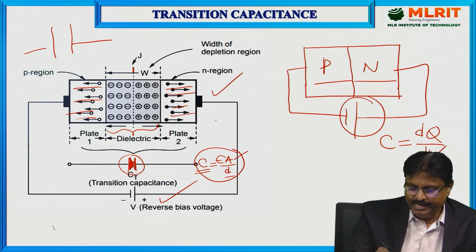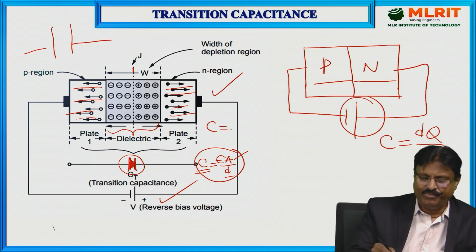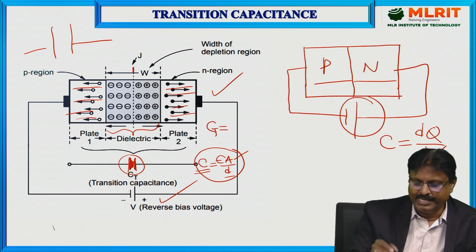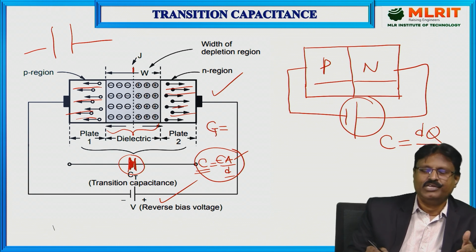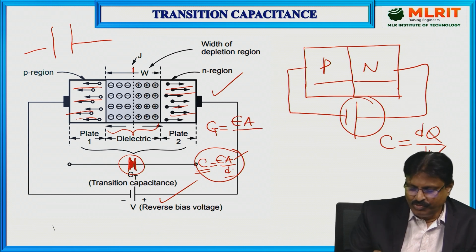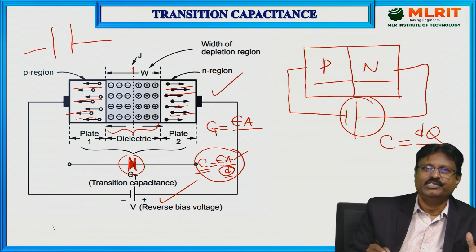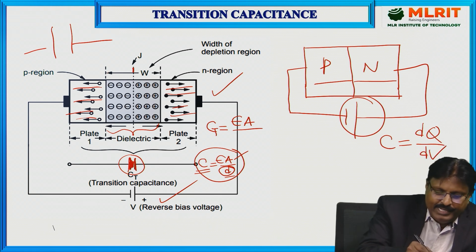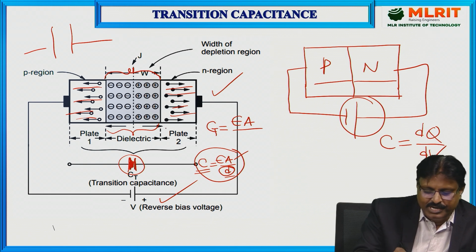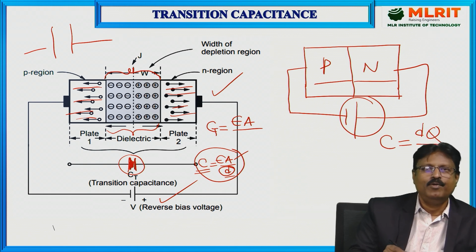So here I am writing the formula of this capacitive effect, and I am representing this capacitance by CT. CT means transition capacitance. Instead of D, the distance between the plates, I am writing W. W is the width of the depletion region formed by the reverse biasing mode of operation of the diode.